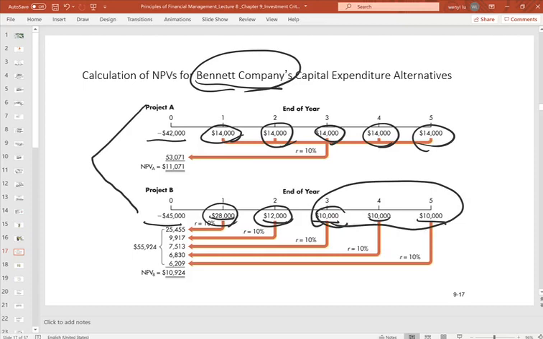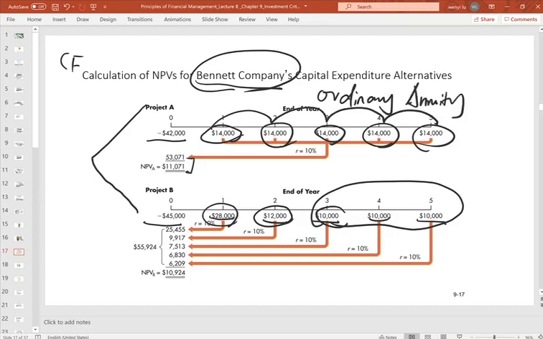If you don't use the multiple cash flow key, you can discount each cash flow to time zero, then minus the initial cost, and you will solve the NPV. For Project A, all these cash flows are equal, so they are an ordinary annuity, because they are paid at the end of each period. So 14,000 is the payment, we have 5 years, and 10 as I/Y, the interest rate.